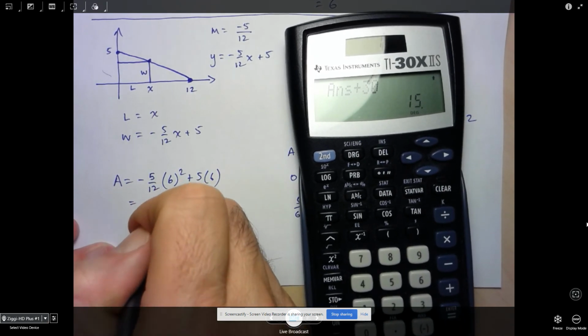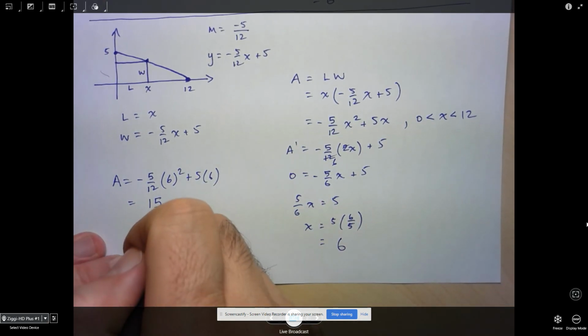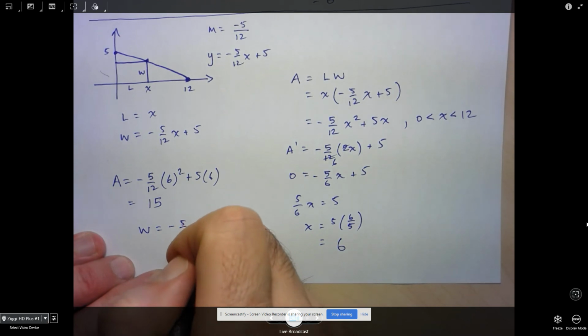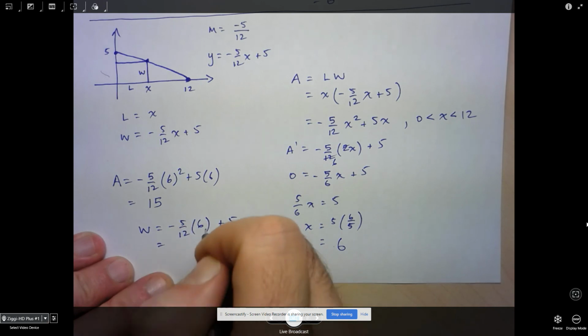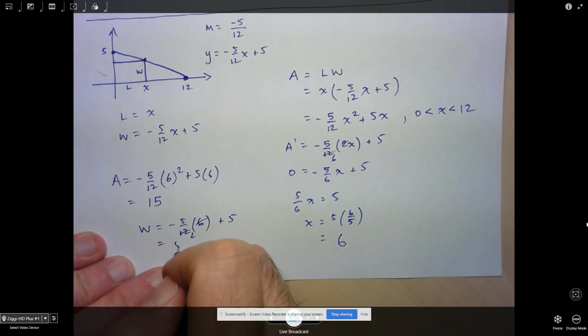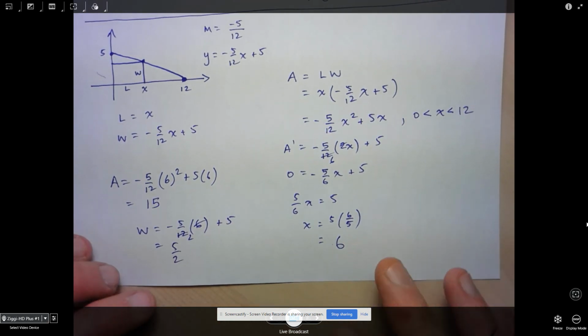I get 15, which is again half the area of the original triangle. And if I calculate my width, I hopefully get 5/2. So -5/12 times x, which was 6, plus 5. So this reduces to -5/2 plus 5, which is 5/2. Okay, so I get the exact same answer.